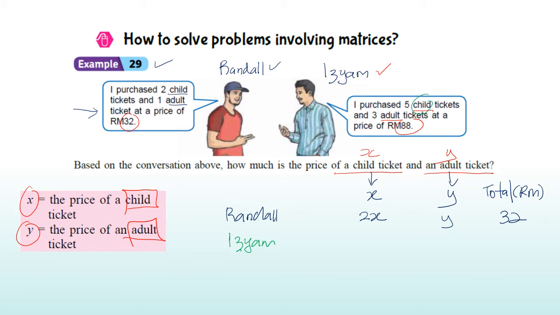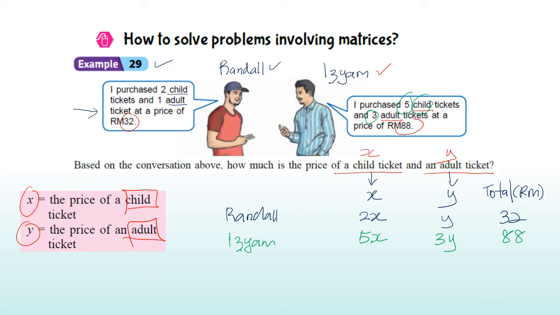For child, he bought 5, that means here is 5x. And then for adult 3, that means 3 times the price of the ticket, which is y, we don't know yet, so we write 3y, and the total is RM 88.